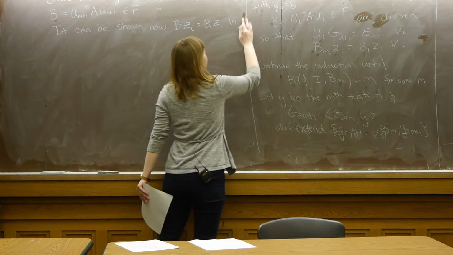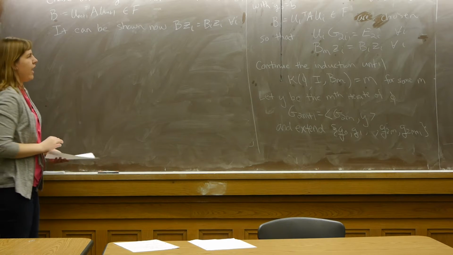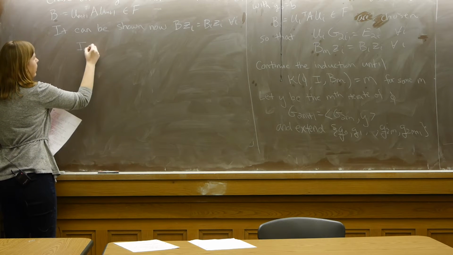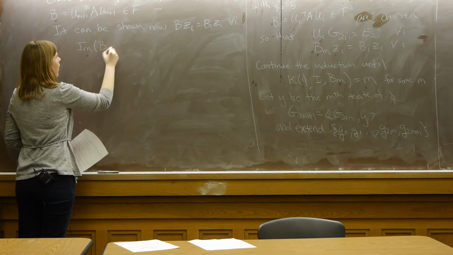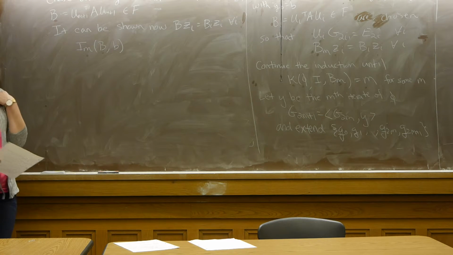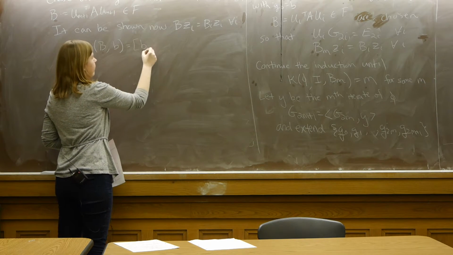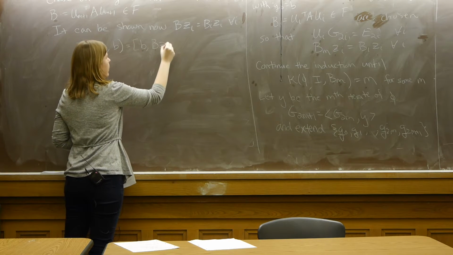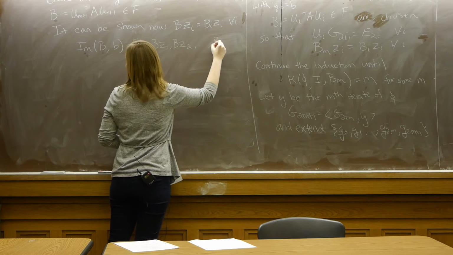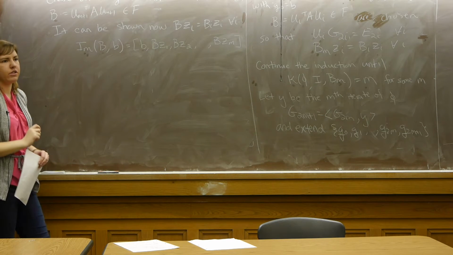So now we're going to see why we wanted this property. Why is it helpful that B ZI is equal to BI ZI for all I? Well, consider the information operator at step M of the matrix B with vector B. We have to think back to how I defined the information operator. It was the vector B, and then B Z1, and then B Z2, all the way through B ZM, since it's the information operator at M. So this was the definition.